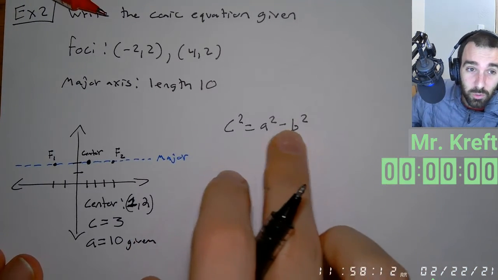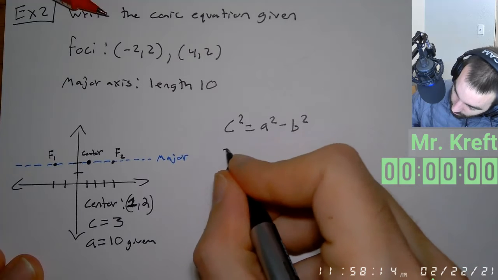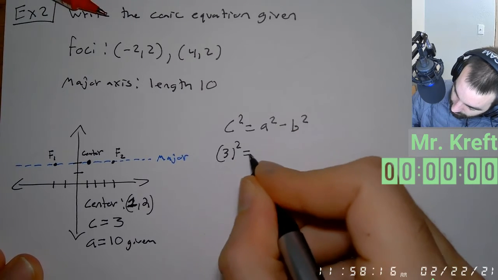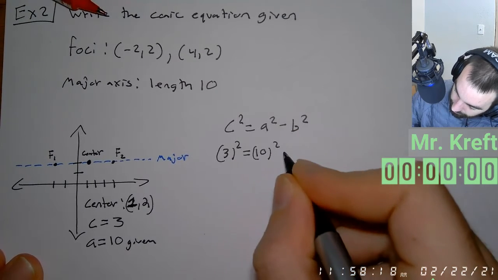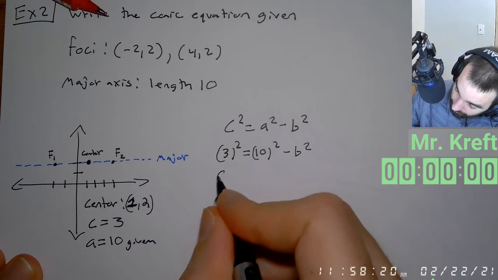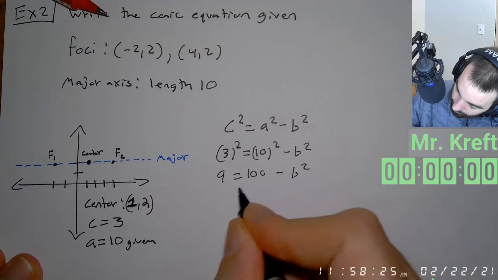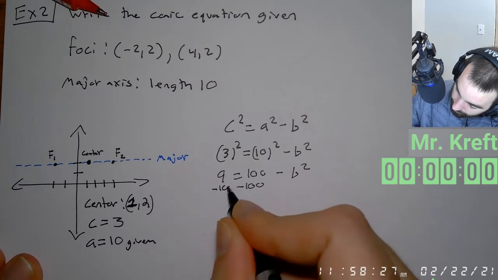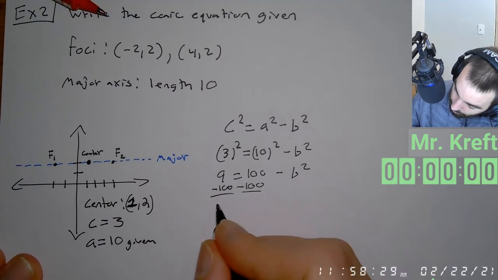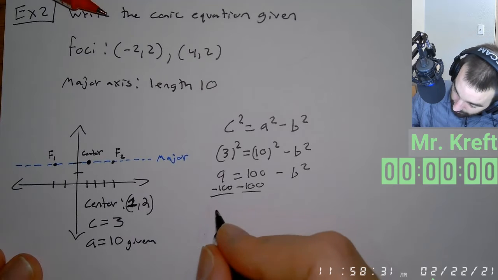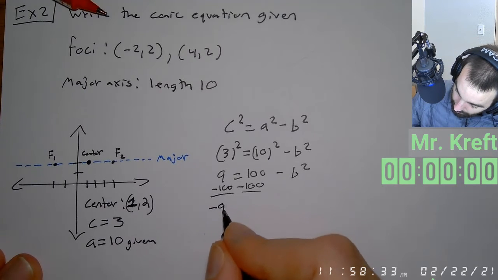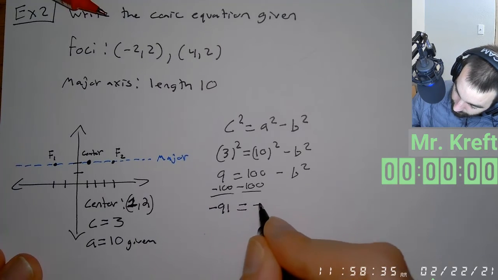So C squared is 3 squared, so then I have 10 squared. So that's 9 minus 100. So 9 minus 100 is -91.